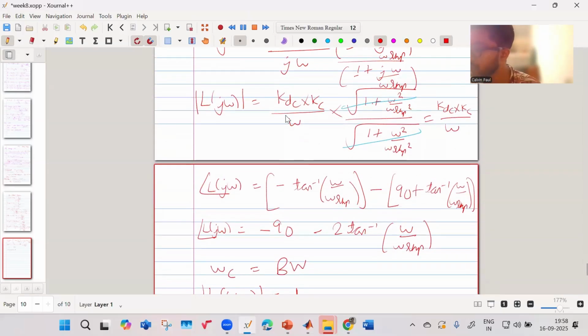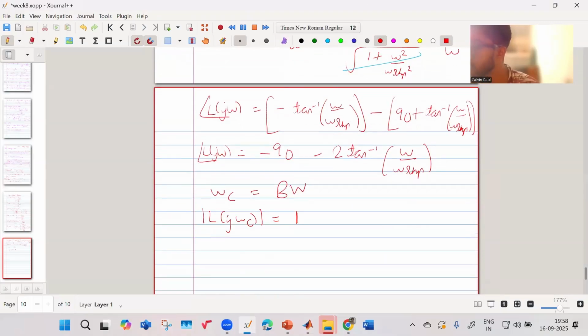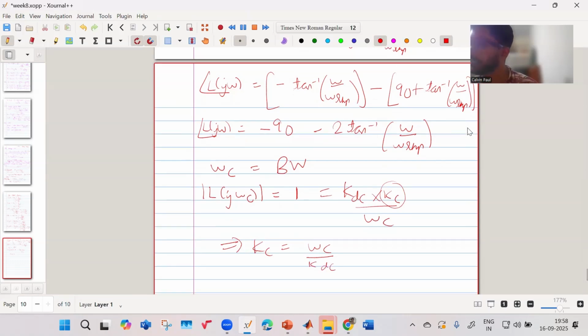So for that to happen, it is KDC into Kc upon omega c equal to 1. So from here you can design your Kc: Kc is equal to omega c by KDC. This is a way we can design the controller gain based on your crossover frequency.